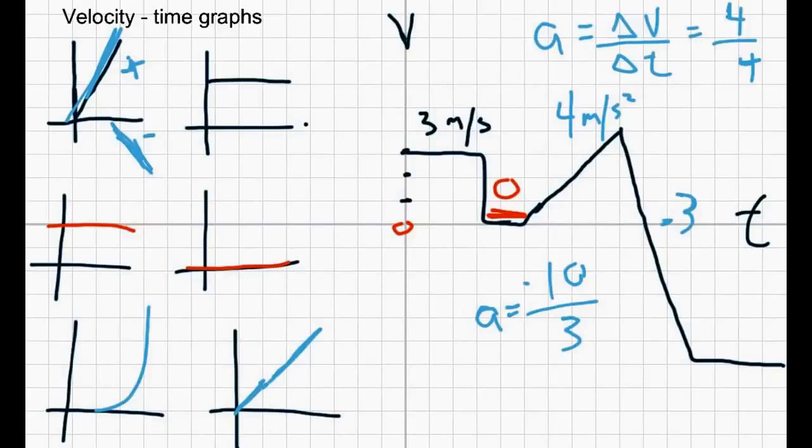So this one would be negative 3.3 meters per second squared. Okay, so that would be the last one.